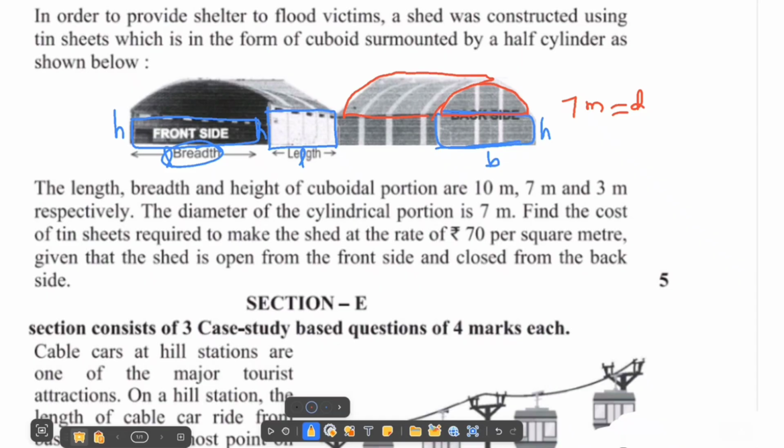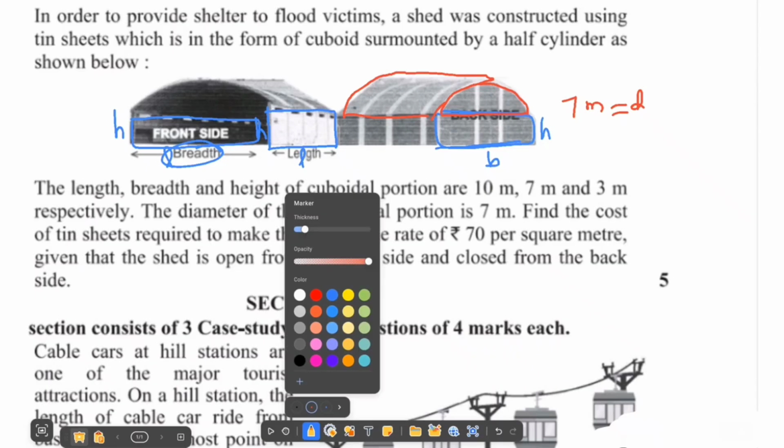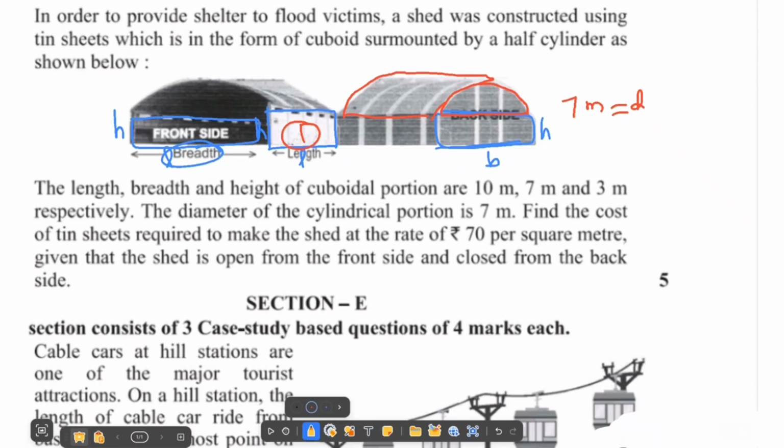So to find the total area of the sheets, we have to find five areas: the right side sheet, the left side sheet, the back side, the semicircle, and the half cylinder. The sum of all these five areas is the total area of the shed.